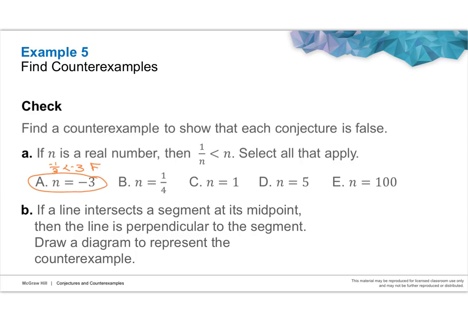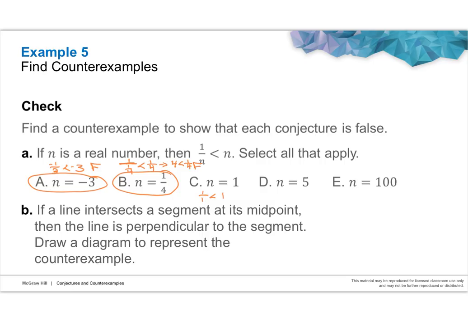B, we would have 1 over 1/4, which would be less than 1/4. A reminder that when I think about dividing by a fraction, it's the same as multiplying by a reciprocal. So this actually comes out to be 4 is less than 1/4 for choice B, which is false. So B is a counterexample. If we look at choice C, we're saying that 1 over 1 is less than 1.